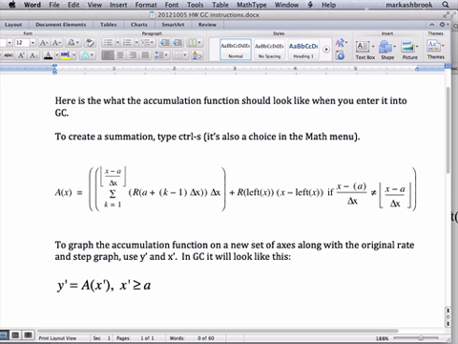That's not the meaning for Graphing Calculator. This notation has nothing to do with calculus. It's just a way of telling Graphing Calculator to make that second graph. So we have the original rate graph and the step function on the left, and then we have the accumulation function graphed on the right.